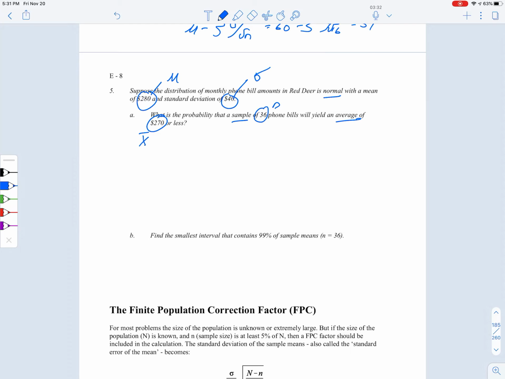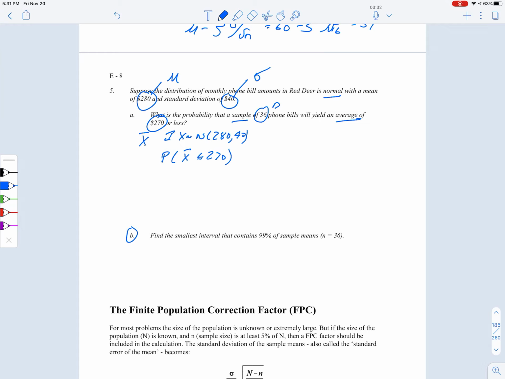So x is normally distributed with a mean of 280, standard deviation of 40, and we are looking for the probability that x bar is less than or equal to 270. I'm going to leave it there, and you can finish that up.